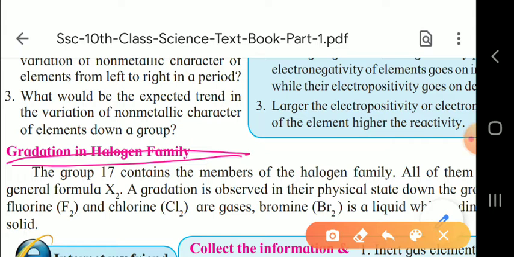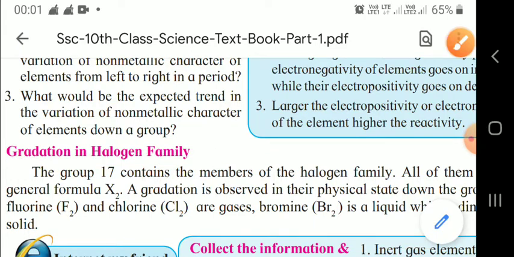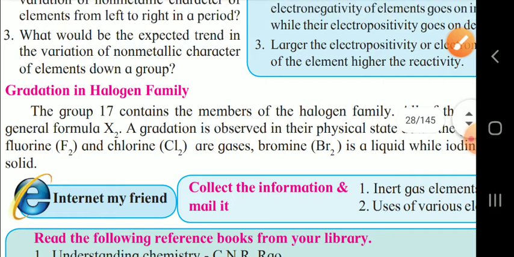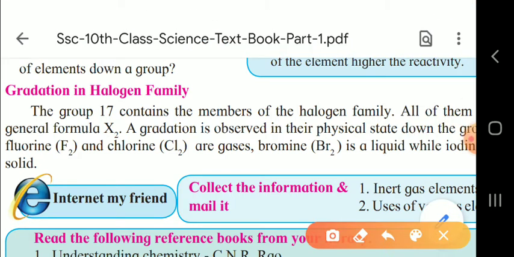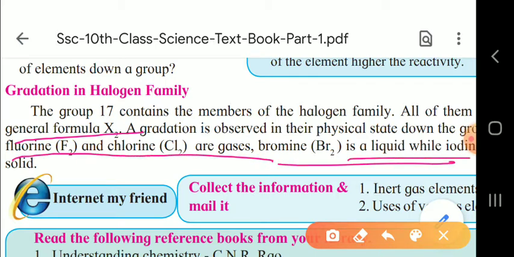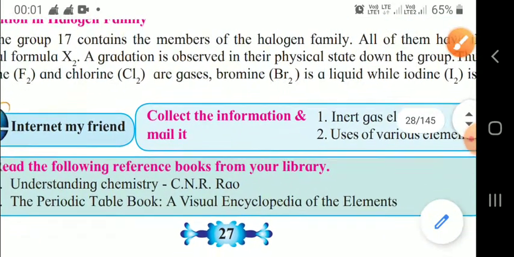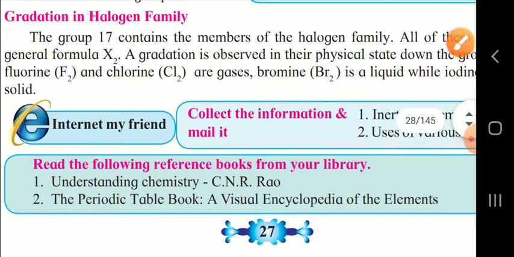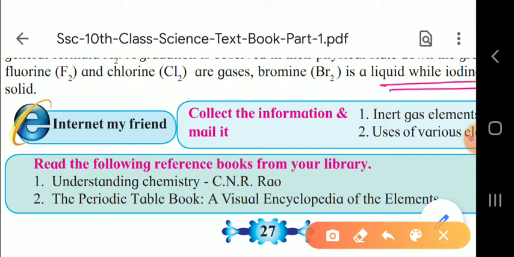Fluorine and chlorine are gases, bromine is a liquid, while iodine is a solid. This is very important, children. You have to learn what their formula is. The formula is X2, and fluorine and chlorine are gases, bromine is a liquid, and iodine is a solid.